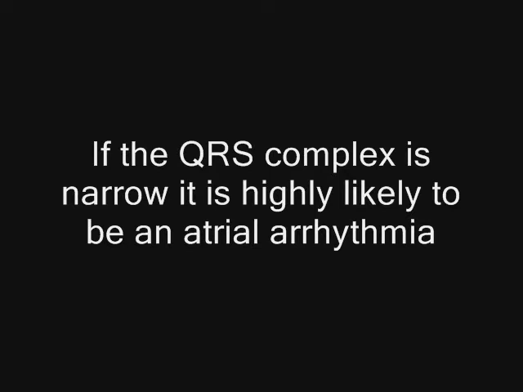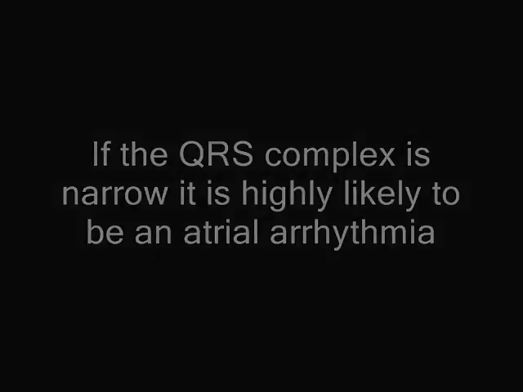Now this is because, as long as depolarization travels down the normal pathway in the ventricles, however it's occurring in the atria, we will give you a normal QRS complex. So we think of atrial fibrillation, supraventricular tachycardia, sinus bradycardia, all the atrial arrhythmias will give you a normal QRS complex.